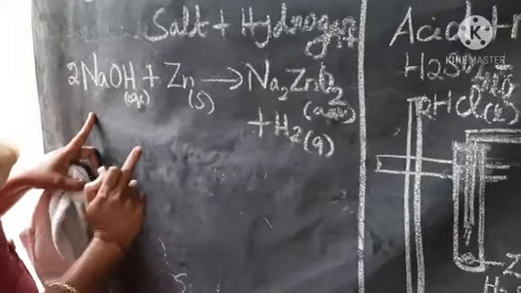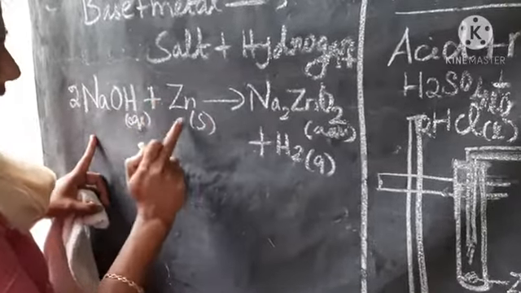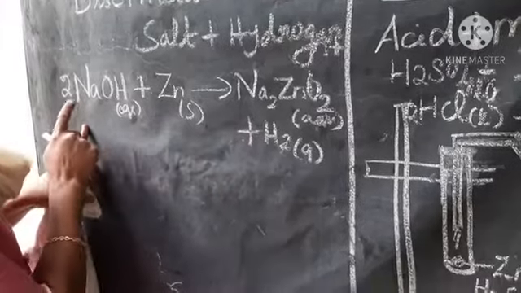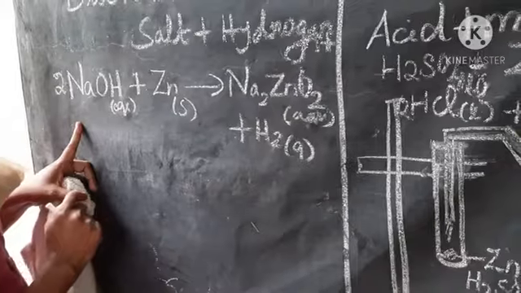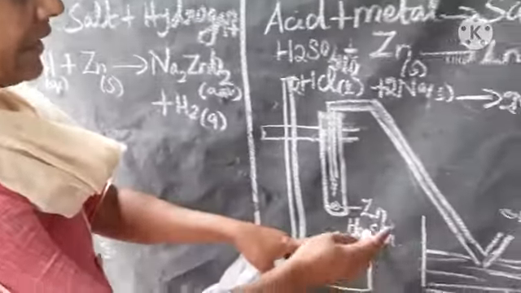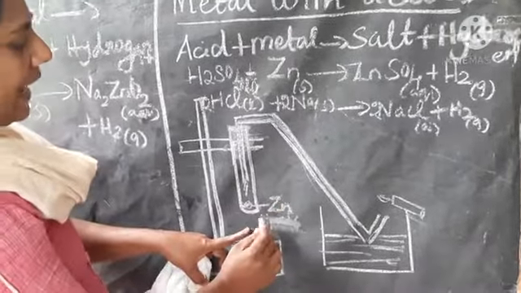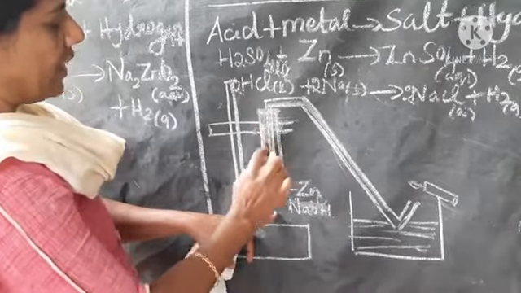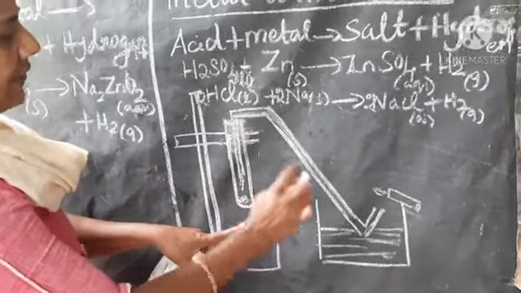But one thing, all bases do not react with metal to form salt and hydrogen. Only a few bases react with metal to give hydrogen gas. The same experiment: take a small amount of zinc in the test tube, add NaOH, close the mouth of the test tube with a cork and insert a delivery tube.